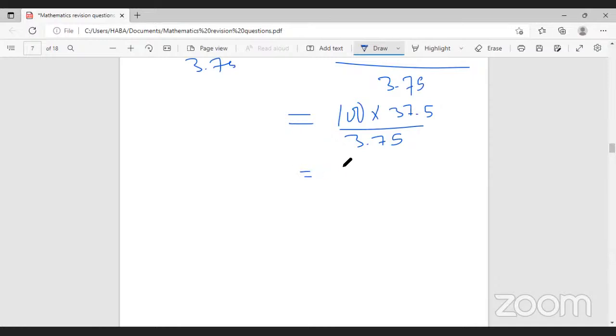It is 3,750. Then we divide it by 3.75. It is 1,000. Just that. And that would be our answer.